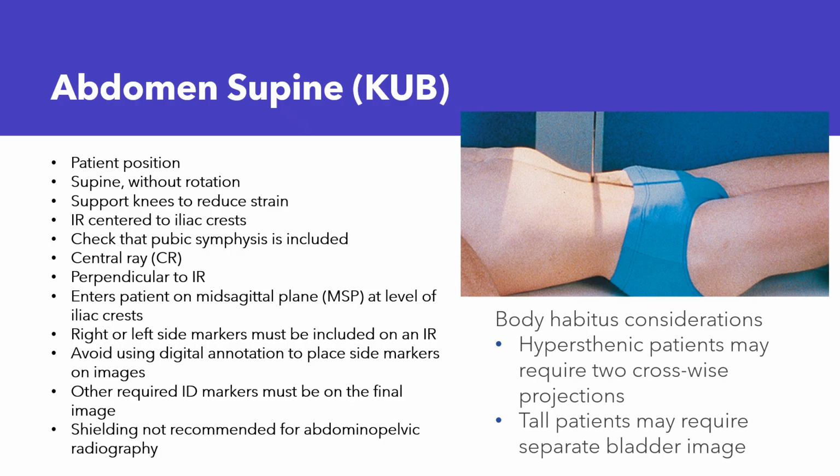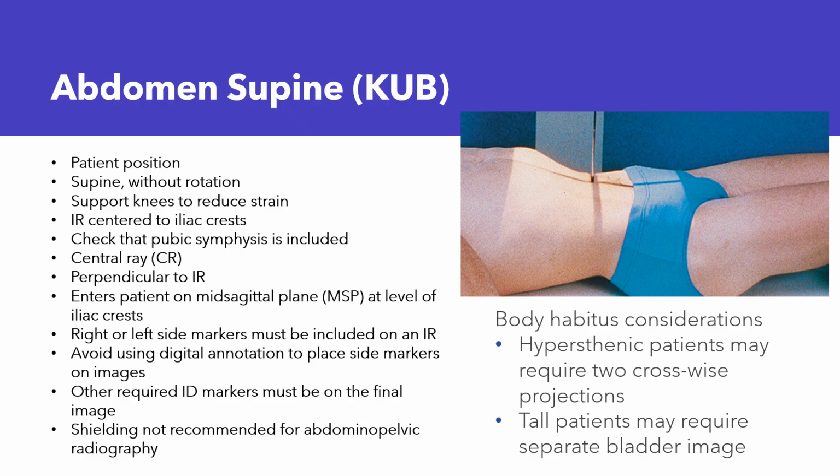Shielding is updated, the latest and greatest from our fraternal organizations and our governing bodies. Shielding is not recommended for abdominal pelvic radiography, and that is to say, shielding of the gonadal organs cannot be done typically with abdominal pelvic radiography without superimposing and obscuring, therefore, tissue that was supposed to be evaluated by the radiographic study, right?